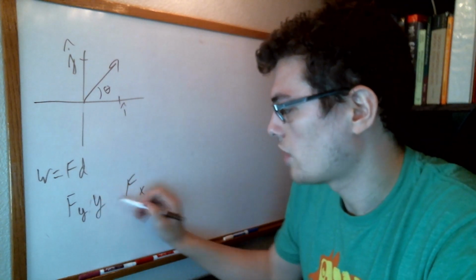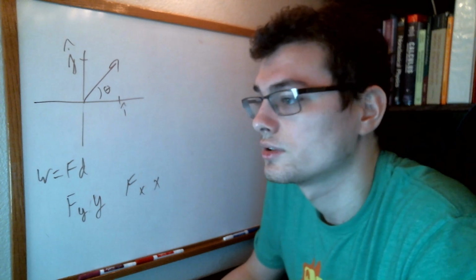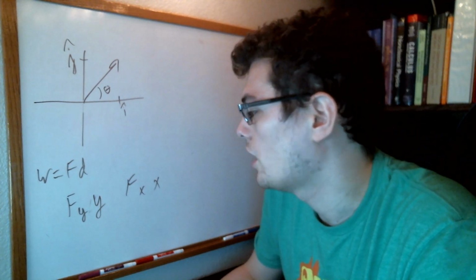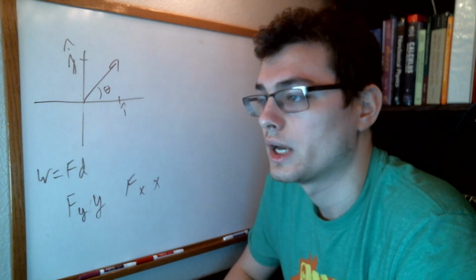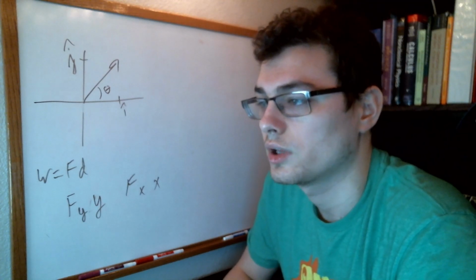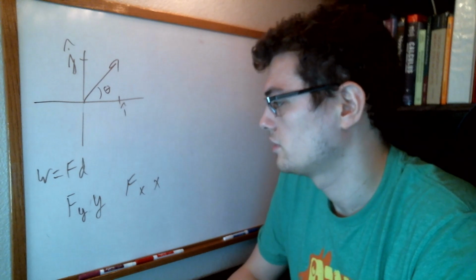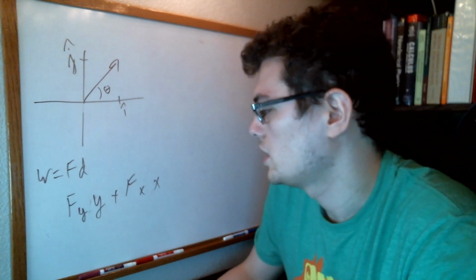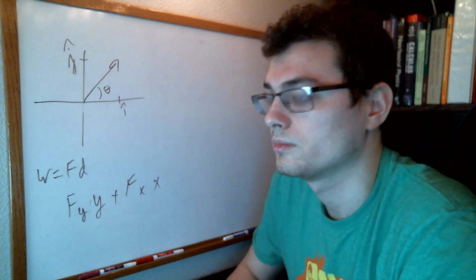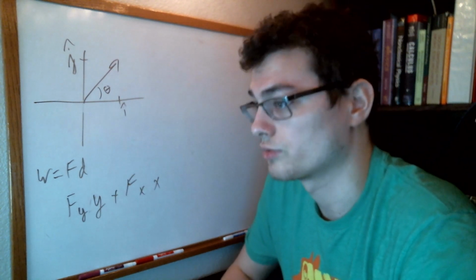So this will be Fy times y and Fx times x. And then from there, you can add those up, and that will yield an answer. So just remember that when you're splitting this into components, these two add up to give you the total work.